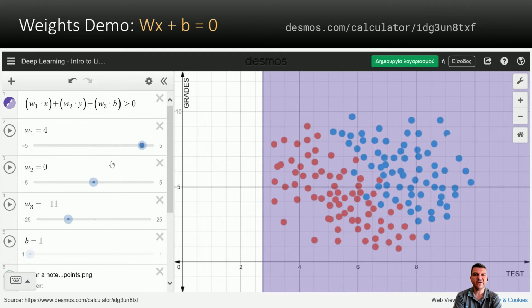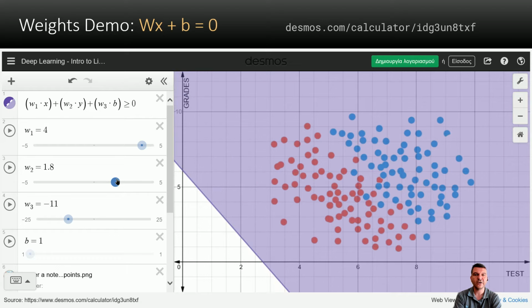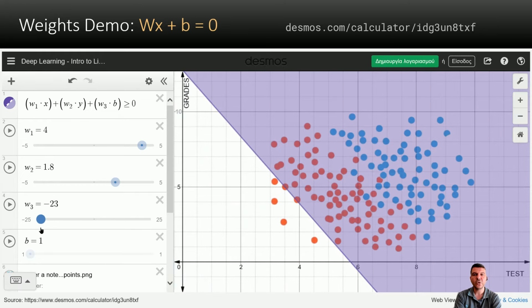And if I have a diagonal line, altering the bias will move the line diagonally. So the bias changes the position of the line while the rest of our weights change the angle of the line. And this is when it comes to a two-dimensional linear equation, okay?